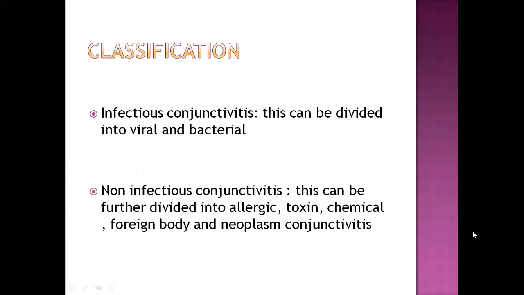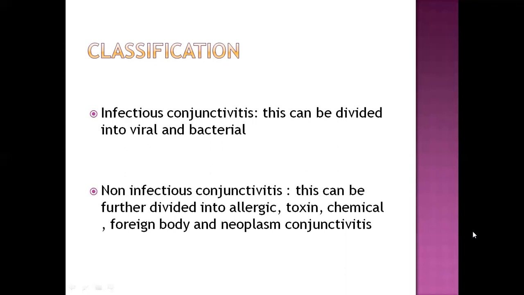Classification of conjunctivitis. It can be classified in many ways, but the most specific classification can be infectious and non-infectious, because conjunctivitis is caused by bacteria, virus, and also because of allergic or toxin particles.